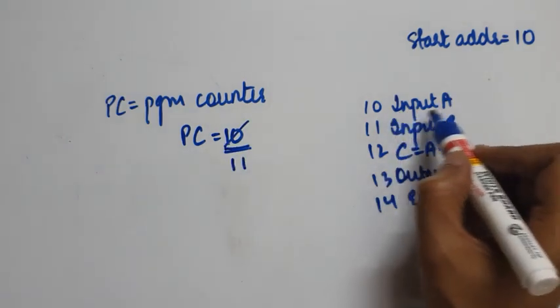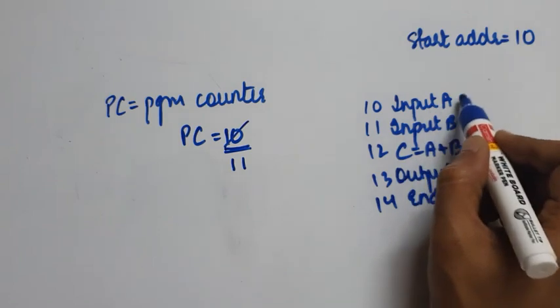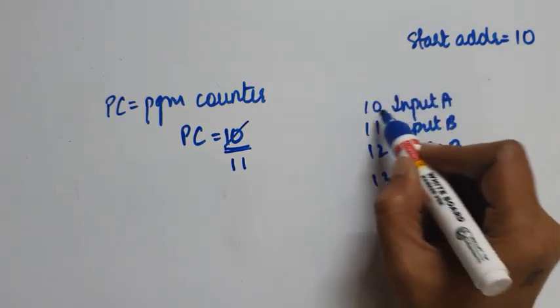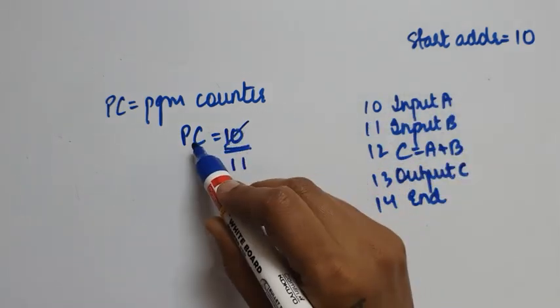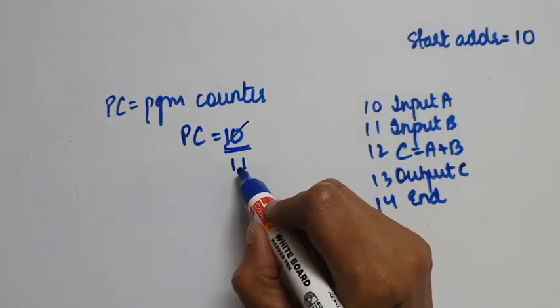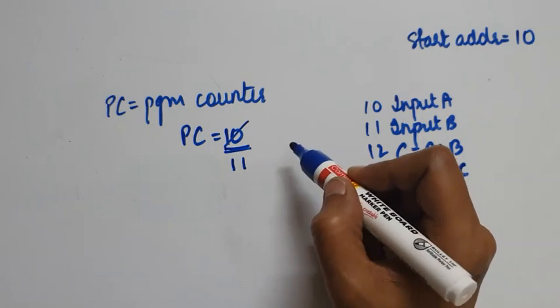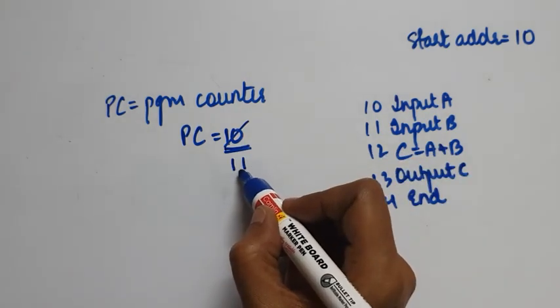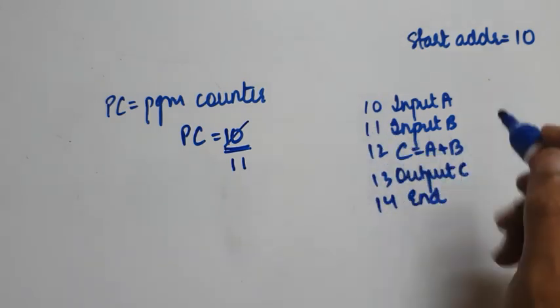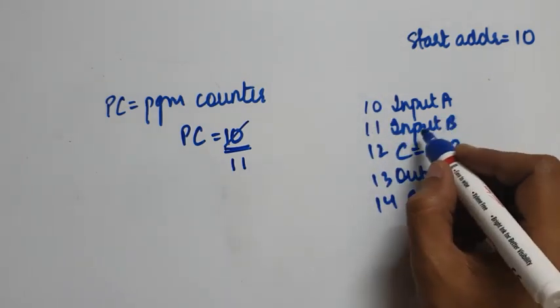Once the execution of the instruction written on line number 10 has finished, the microprocessor will again go back to PC, checking its content so that it knows which instruction to execute next. So what does it get here? It gets 11 here, so it will go to 11. This is how the next instruction is fetched.